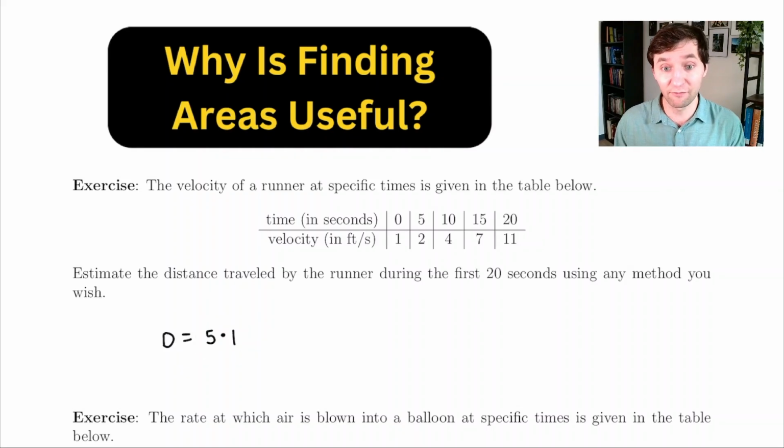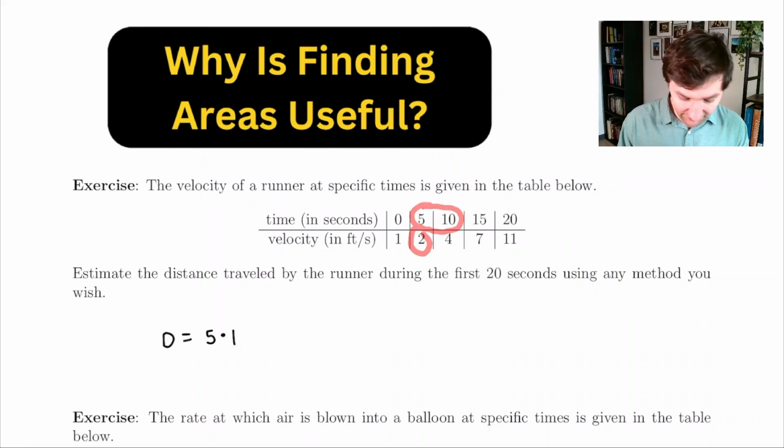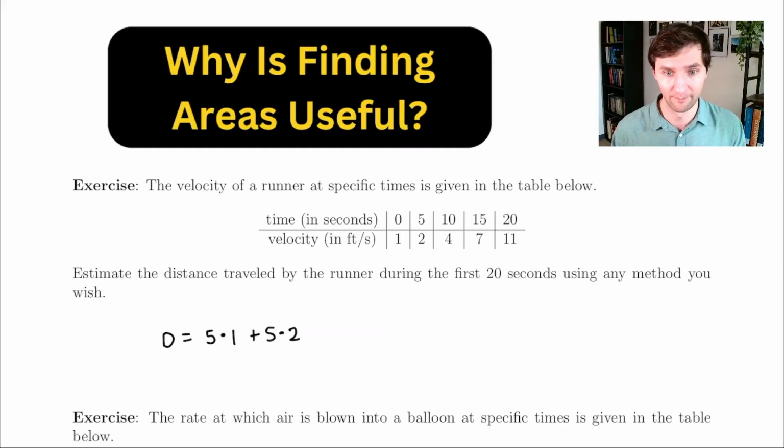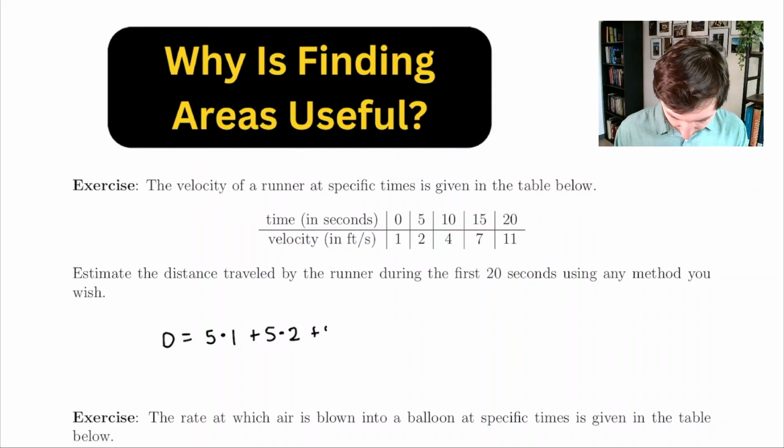I will do the same thing for the next time interval. I will assume that during the next 5 seconds, the runner was traveling at the speed of 2, the beginning speed. That gives me that the distance ran was 5 times 2, velocity times time. In the next 5 seconds, I will assume that the runner ran with a velocity of 4, and I will get 5 times 4.